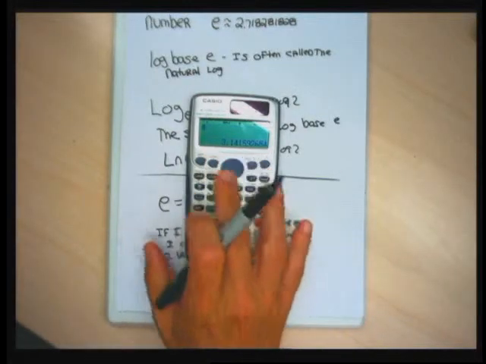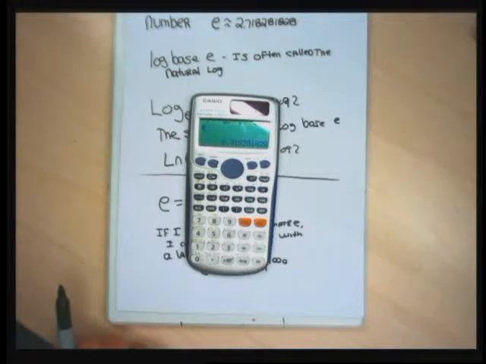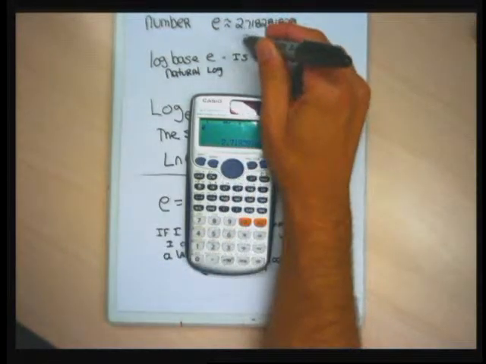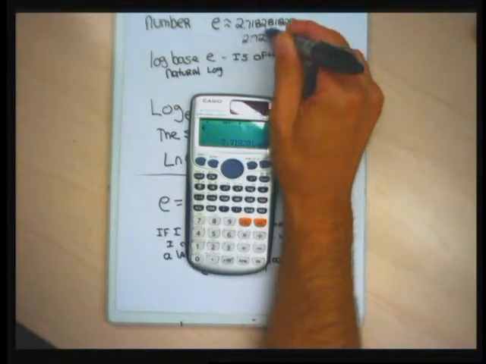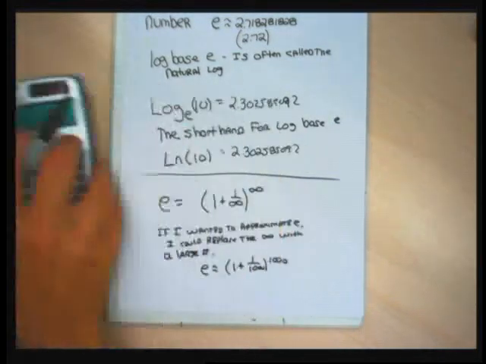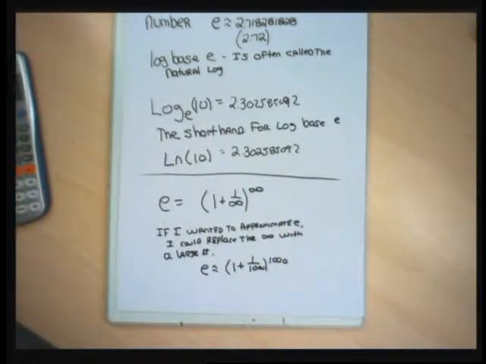And if somebody asks me what e is, I usually say it's 2.72, rounded to 2 decimal places, just like pi is generally rounded to 2 decimal places. If you asked a mathematician what e is as a decimal, 2.72 is the number that is kicked around more often than not.